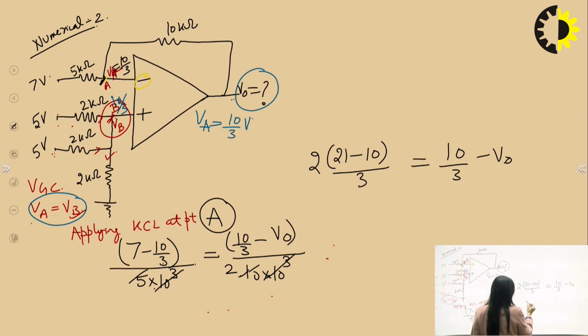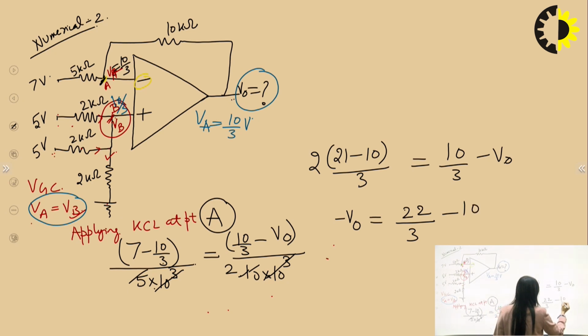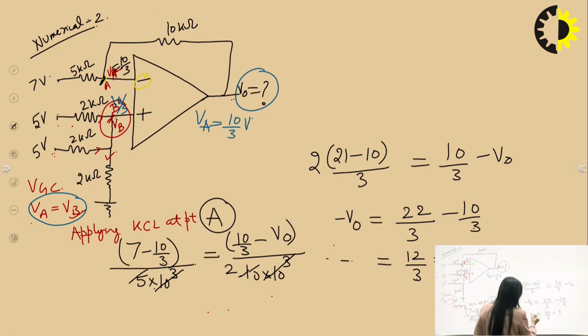Now minus VO is equal to 11, 22 upon 3, and this will be minus 10 by 3. Now I will again solve. That will come out to be 12 by 3, and that is 4 minus VO. So VO will be equal to minus 4 volts.